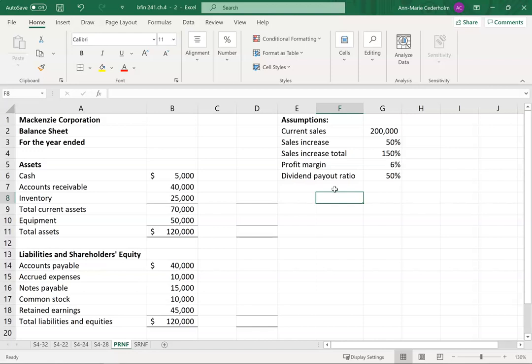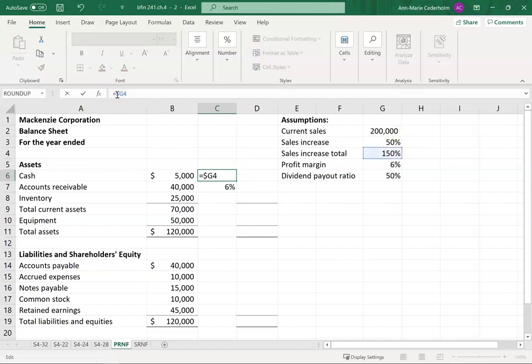Under the percentage of sales, what we're going to assume is that all of our current assets are going to increase with the increase in sales. So that means cash is going to increase, accounts receivable is going to increase, and inventory is going to increase. So all we need to do is take the 5,000, multiply that by 150% to give me my new cash balance.